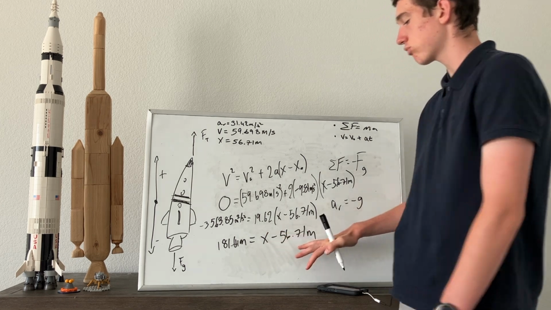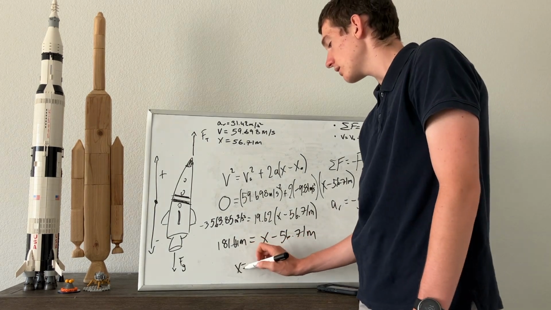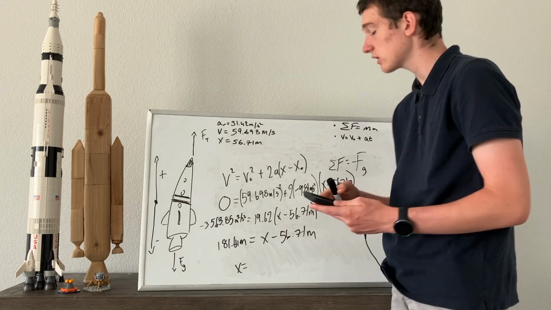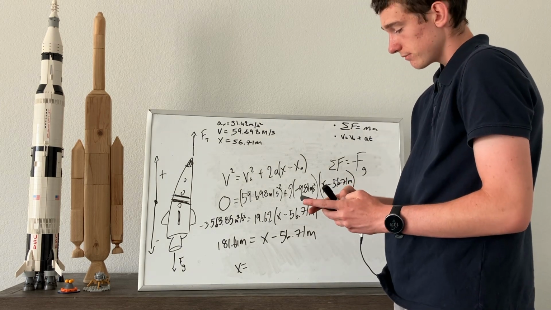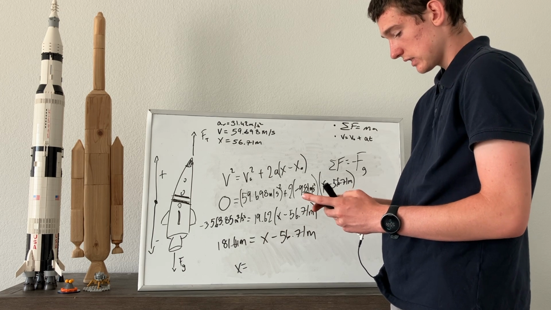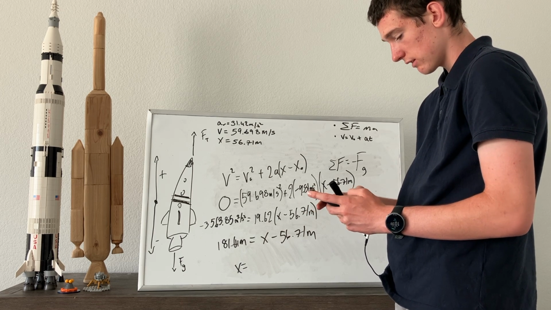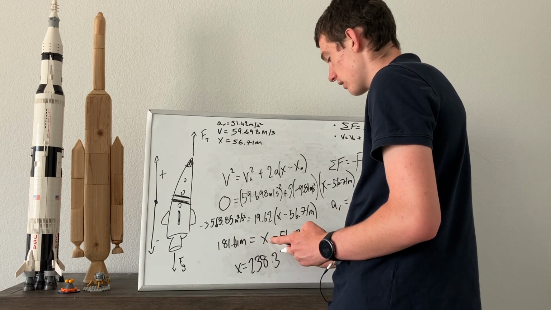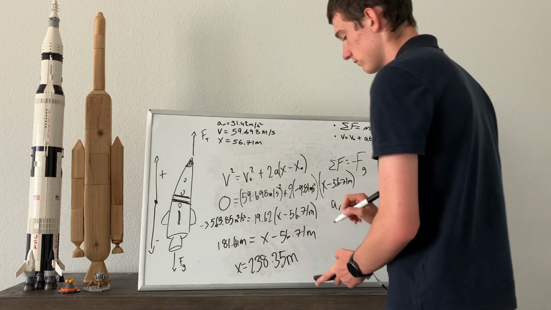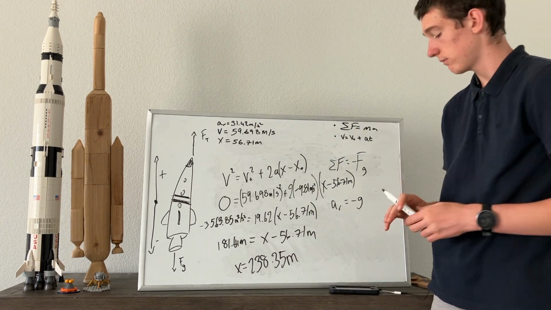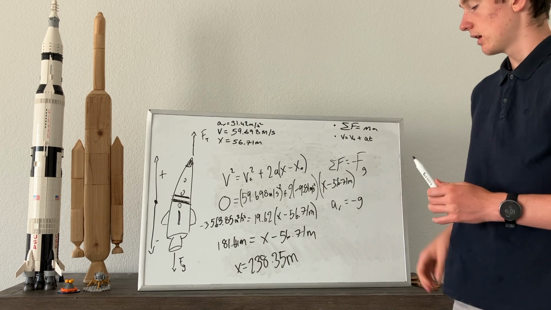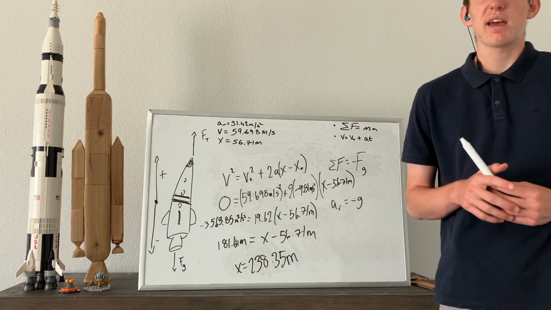Now we add 56.71 to each side, and that means our rocket will travel about, because we didn't calculate air resistance, 181.64 plus 56.71, 238.35 meters, approximately, because we didn't consider air resistance. And that is the math done.